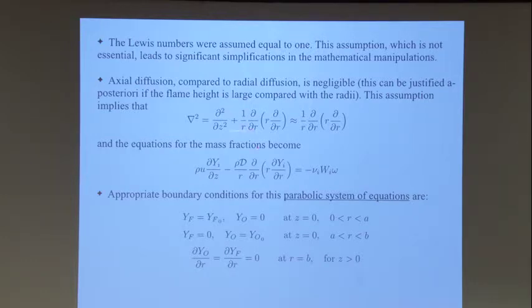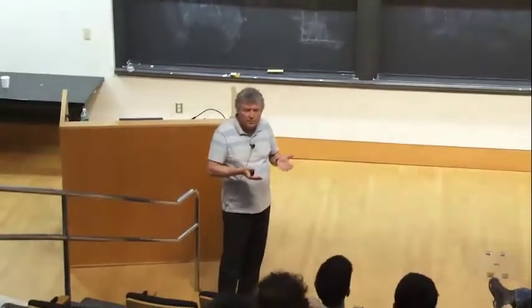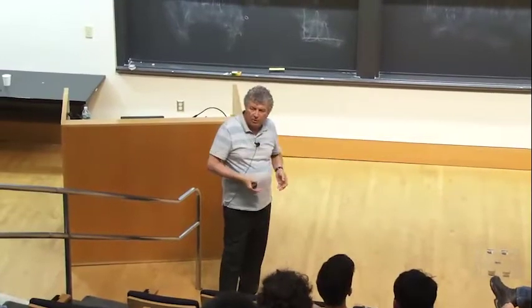So if you neglect the d2/dz2, the Laplacian is only the radial part, and your equations are parabolic. Now because your equations are parabolic, you can assume that you have boundary conditions at the mouth of those two concentric cylinders with specified values, because a parabolic equation you can integrate forward. If it was elliptic, it's a problem, because that's exactly the question that was asked here. What happens if you have a flashback?